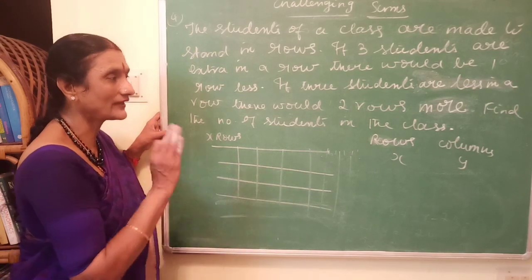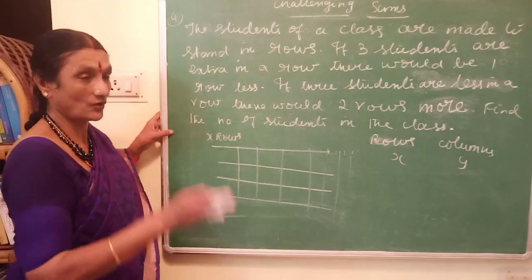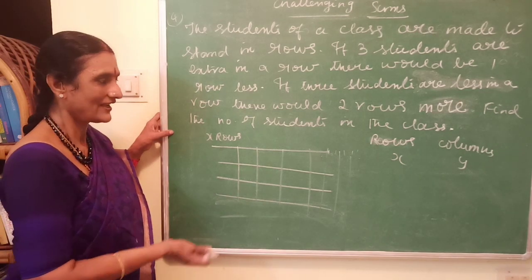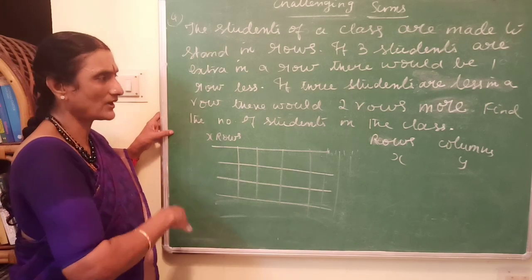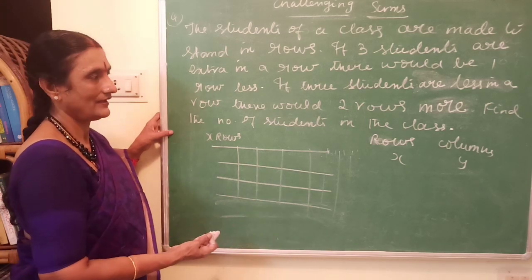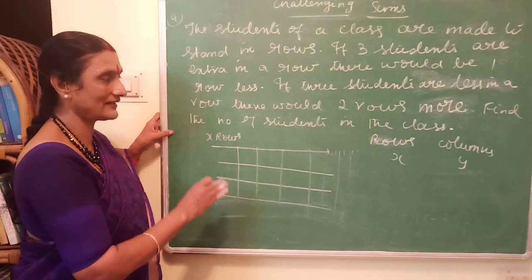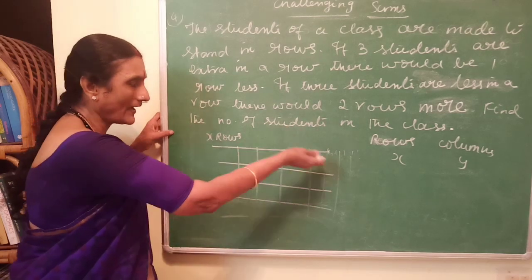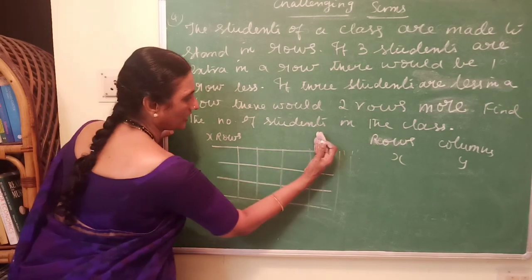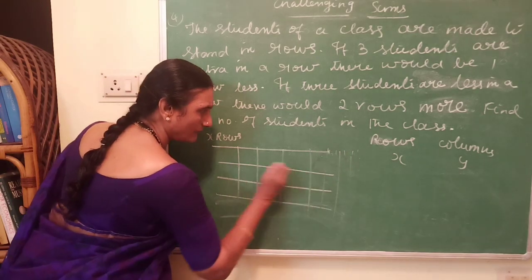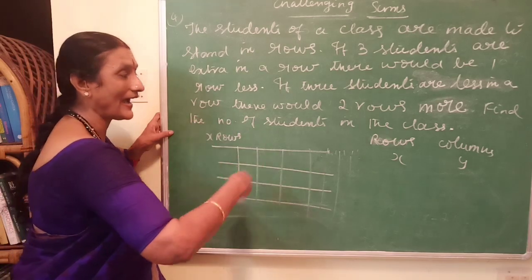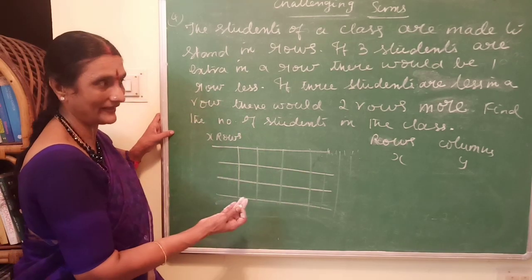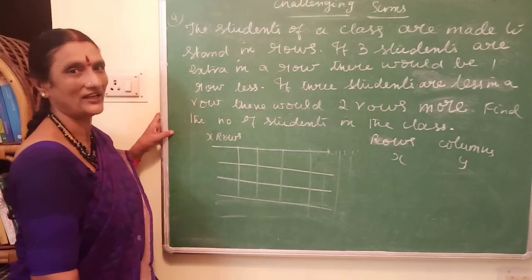So, how to get the equation? The number of children in a row increases, so we are increasing the columns.